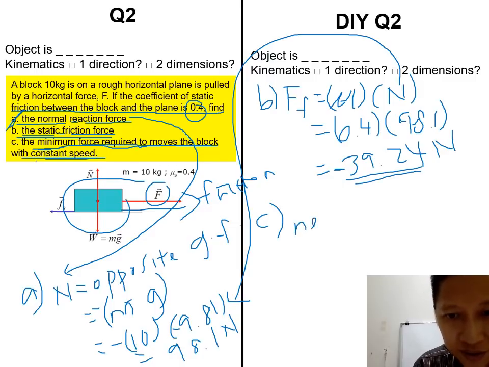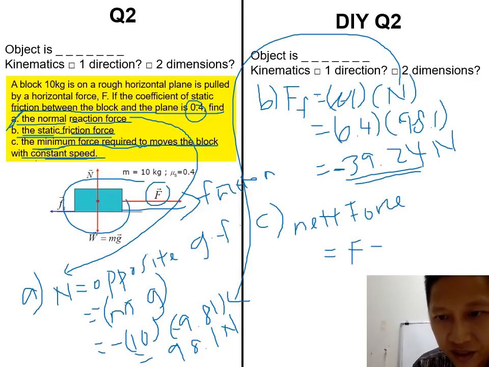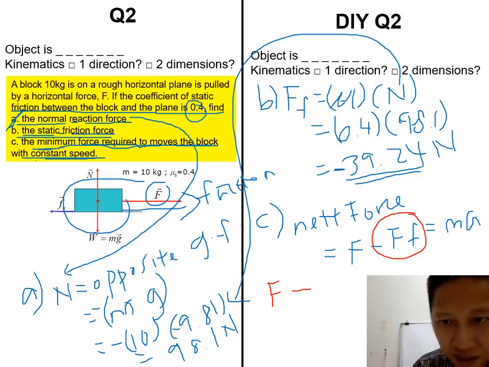So the net force to move the block equals the applied force, that is the F, minus the friction force. It also equals MA. So now we want to put in one by one. Do we have the F? No, we don't have the F. Minus the friction force, 39.24, equals ma.